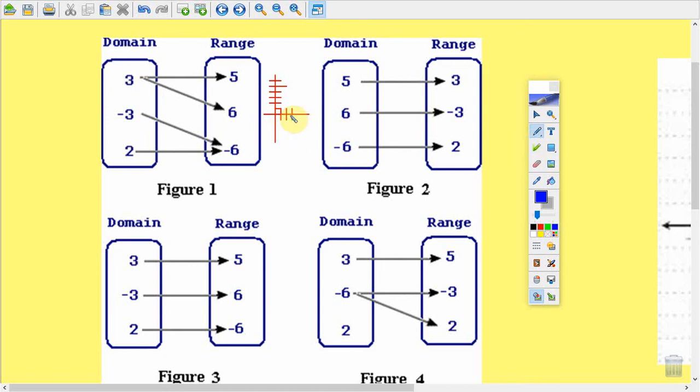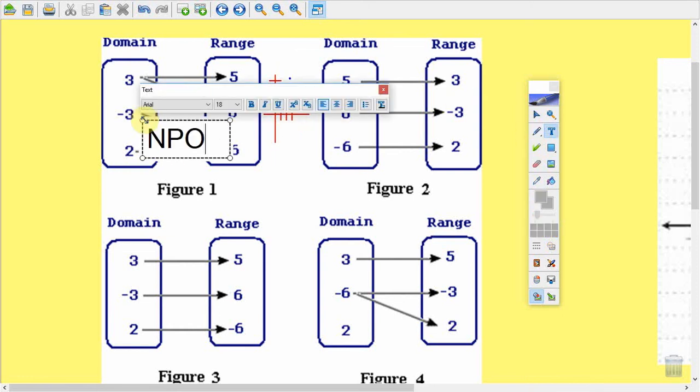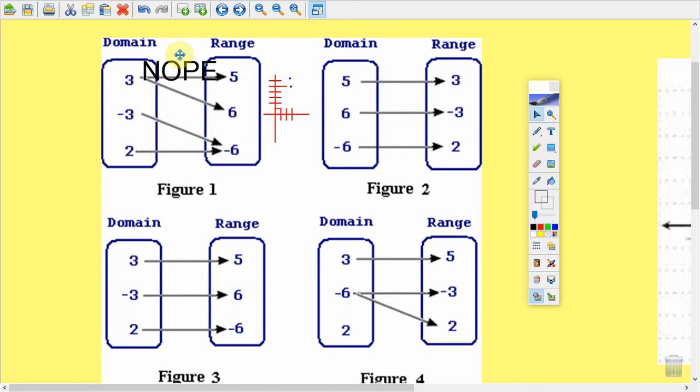Our input, our x is 3, and it crosses at both 5 and 6. So that would fail the vertical line test. It would go through both of those points. So this is going to be no, not a function.